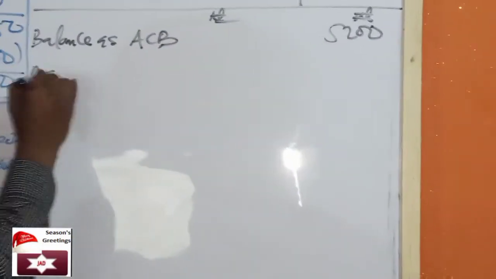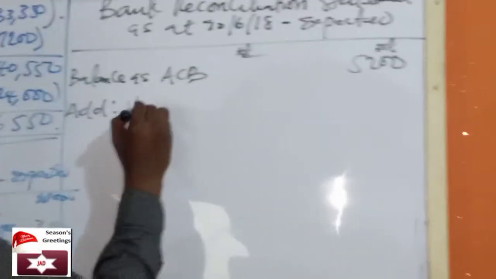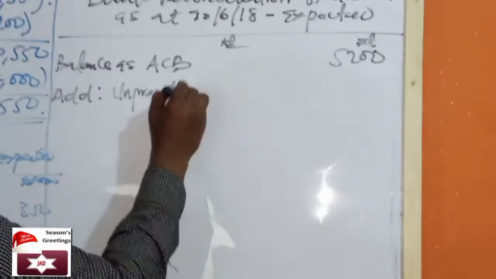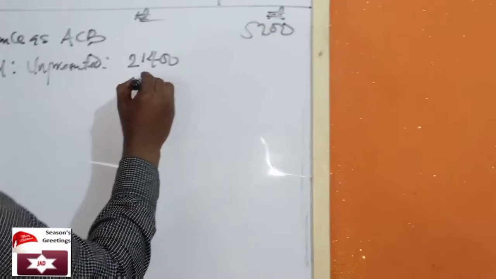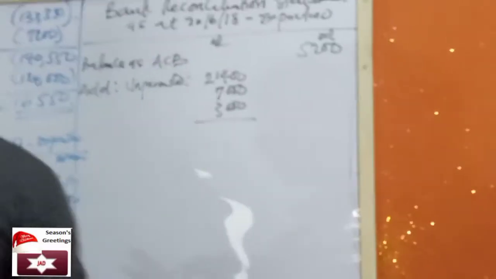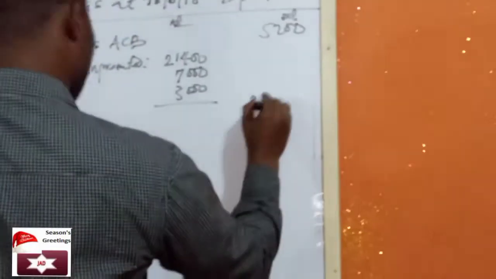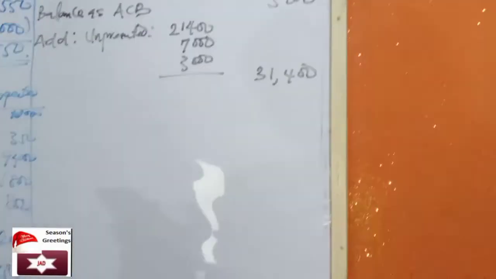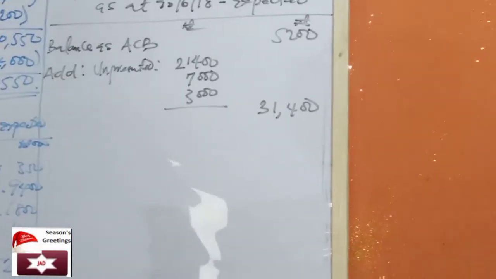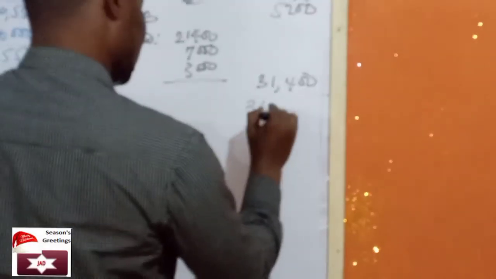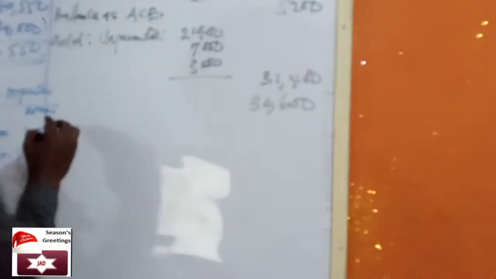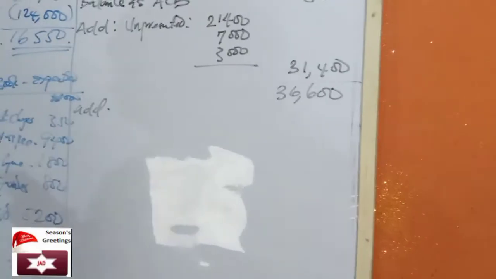So what are the things we added? We added unpresented checks: 21,400, 700, 3,000. That gives us 31,400. If we add that to 5,200, what do we have? 36,600. Okay.